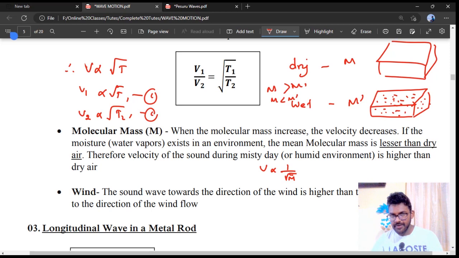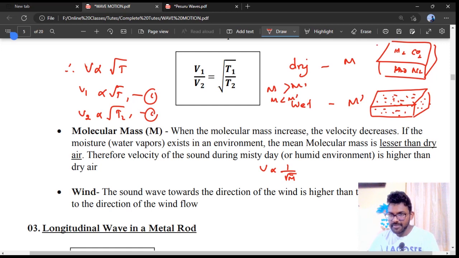Okay, right. So this is the dry air. Dry air consists of hydrogen, carbon dioxide, water H2O, and nitrogen, everything.